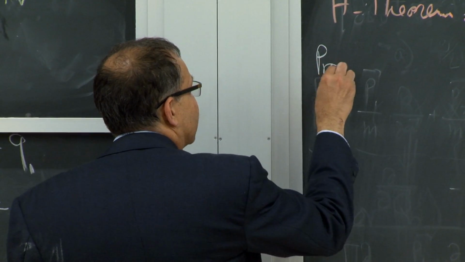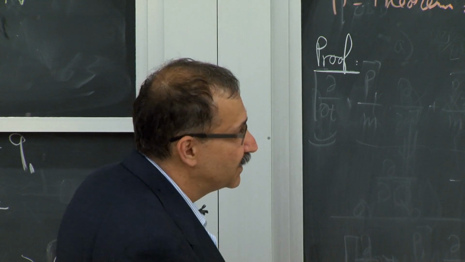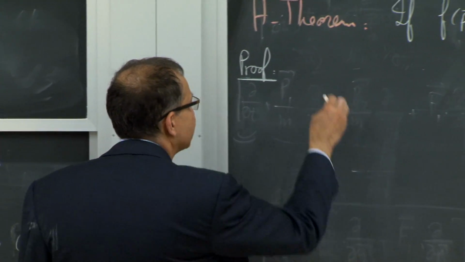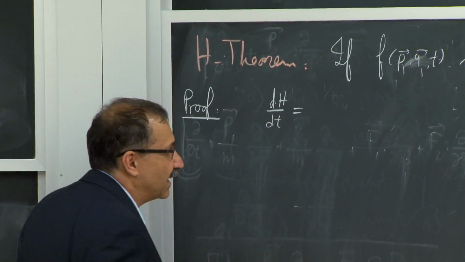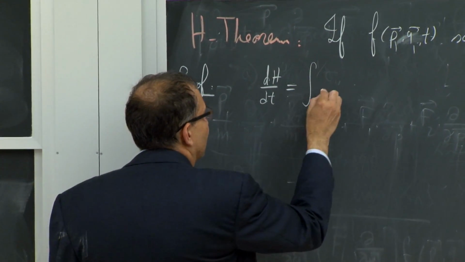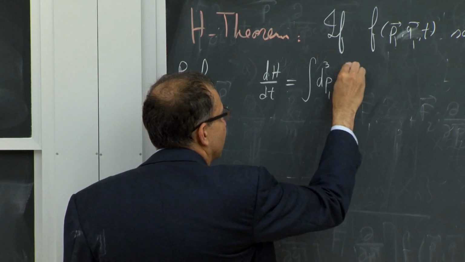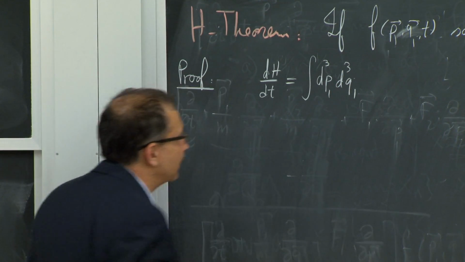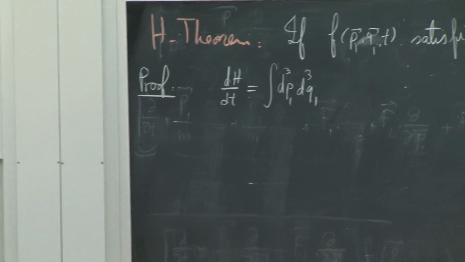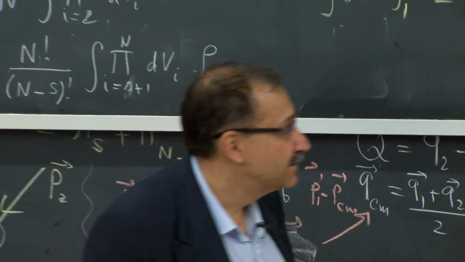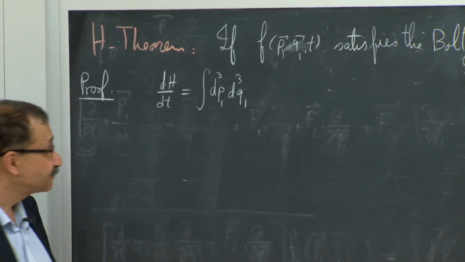So to prove that, we have the formula for H, so let's calculate dH by dt. I have an integral over the phase space of particle 1. It could be any particle, I could have labeled it anything. After integration, H is only a function of time.